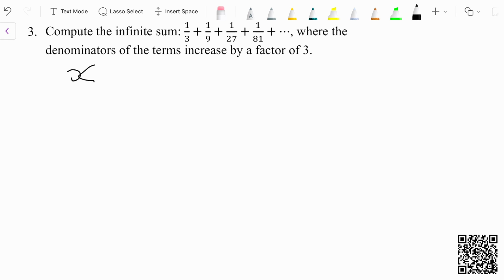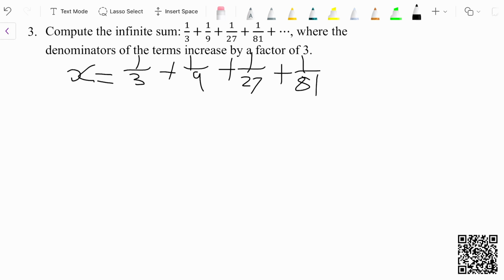For example, this problem. x equals 1/3 plus 1/9 plus 1/27 plus 1/81 plus so on. So we're going to define x as basically our equation. And I'm going to highlight it with yellow because that's different than the answer.